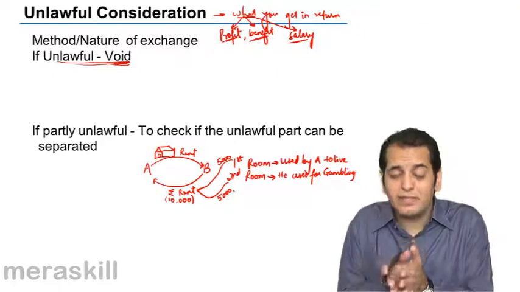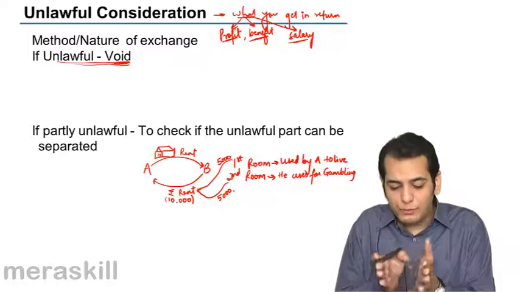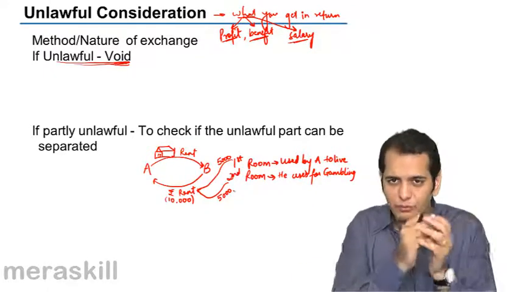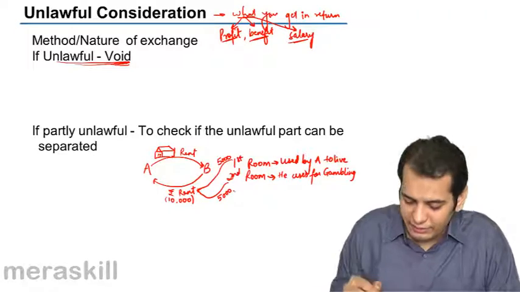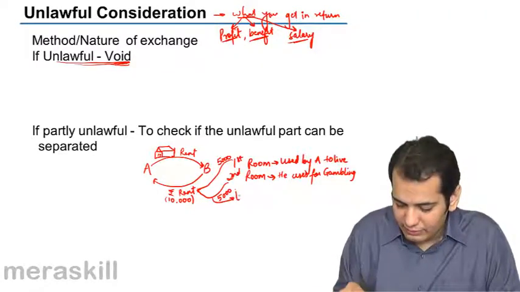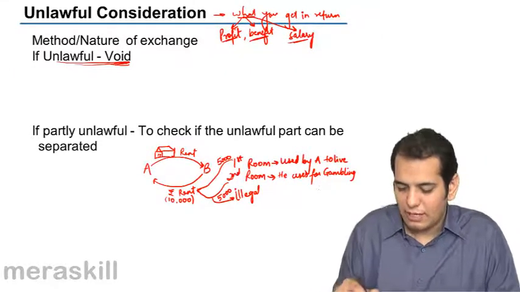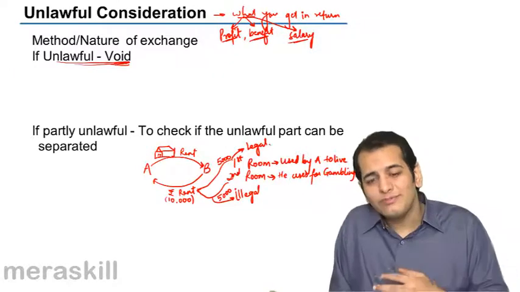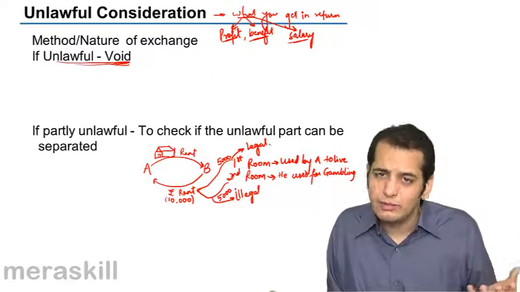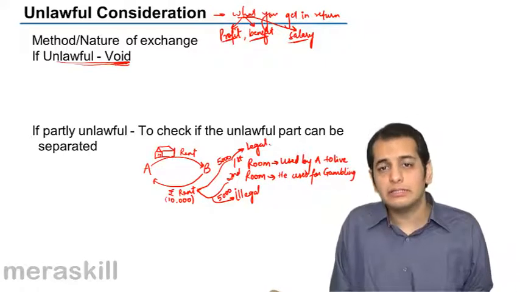Now if we can break this rent into two parts, that is 5,000 for the first room, 5,000 for the second room, then we can say that this leg is illegal and this leg is legal. The room which he uses to stay is okay, that is lawful, that is legal.